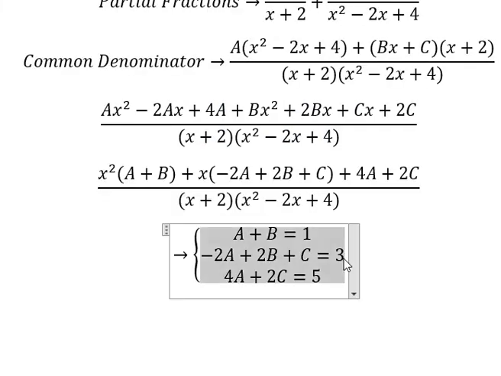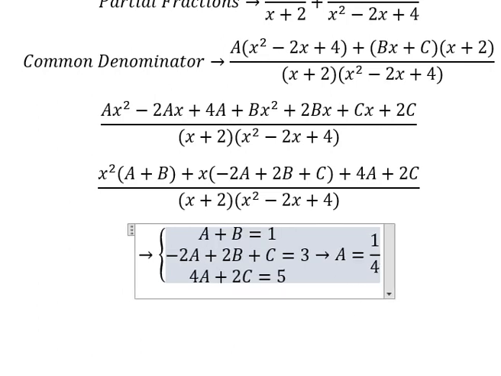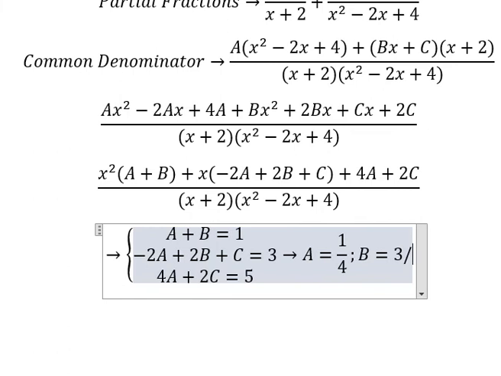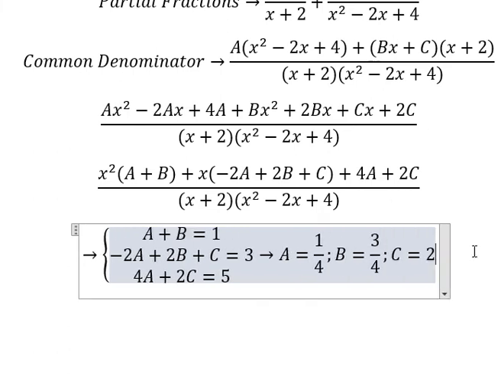So we get a equals 1 over 4, b equals 3 over 4, and c equals number 2.